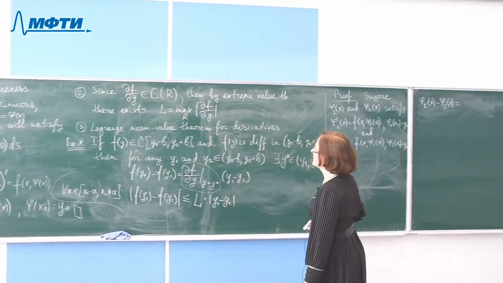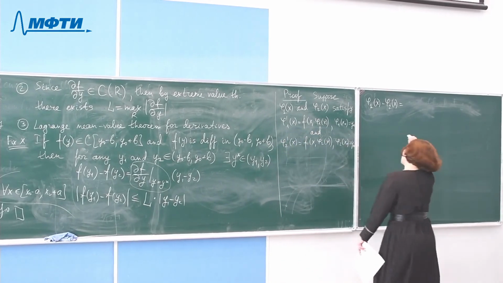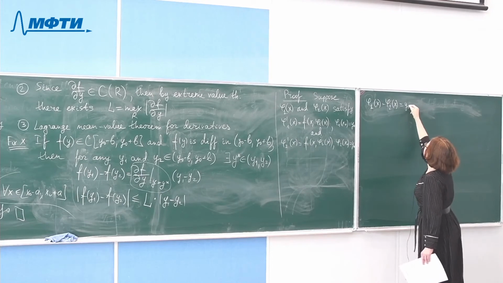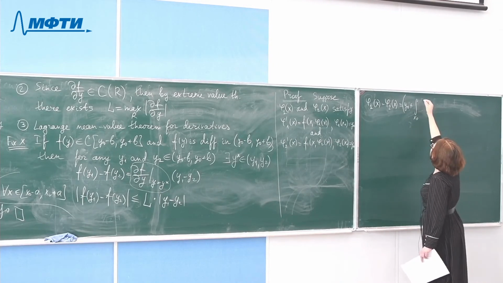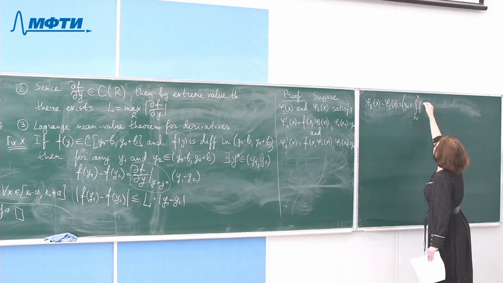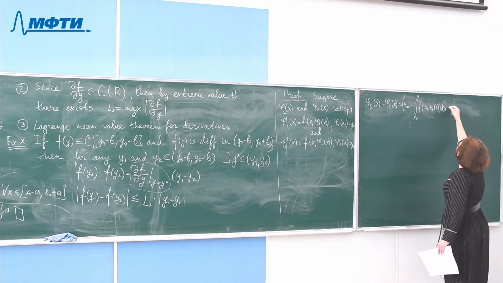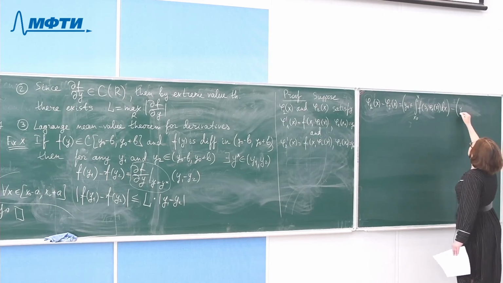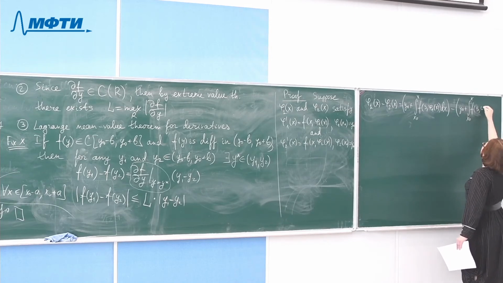So phi1 minus phi2 will be equal to y0 plus the integral from x0 to x of f of s, phi1 of s, ds, minus y0 plus the integral from x0 to x of f of s, phi2 of s, ds.